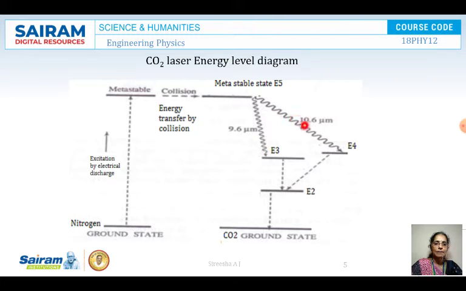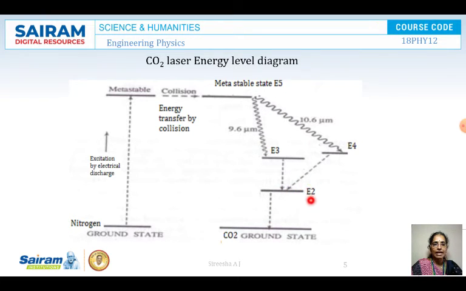So these two transitions are stimulated emission transitions. Now what is happening here? The moment the atoms come down to the E4 and E3 states by stimulated emission, the E2 level gets accumulated with atoms from the E3 level as well as the E4 level. The helium gas collides with the atoms in the E2 level and brings those CO2 molecule atoms down.